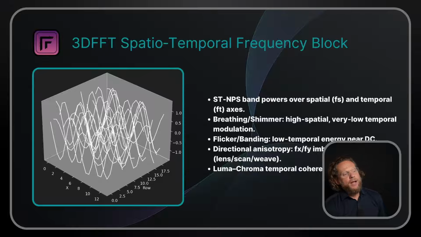It gives us the idea of breathing and shimmer. Breathing is when film has a slight movement inside the gate. And shimmer is the movement of the texture that changes, both in the domain of very high spatial and very low temporal modulation.